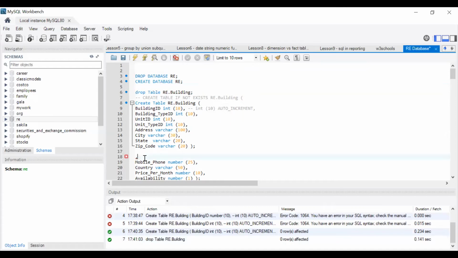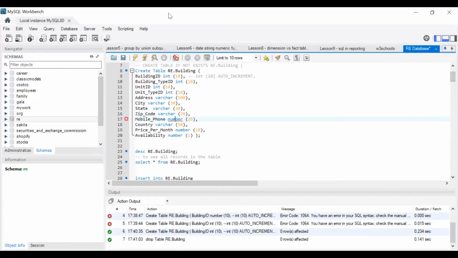Okay, so mobile phone number, 25. Why wouldn't it work? Any ideas? Should be type name there, maybe type integer.